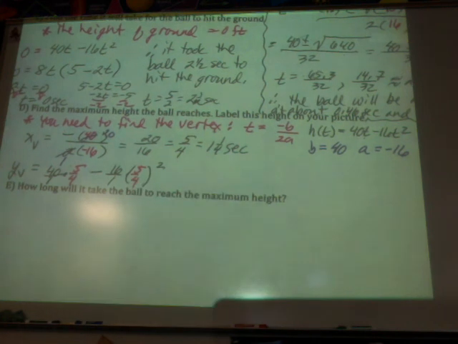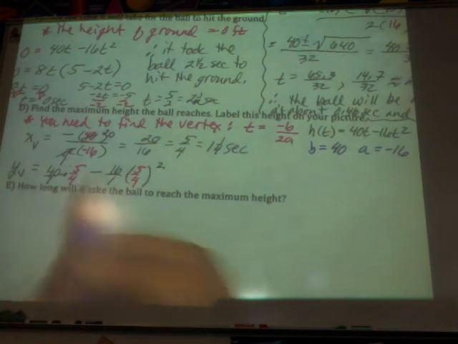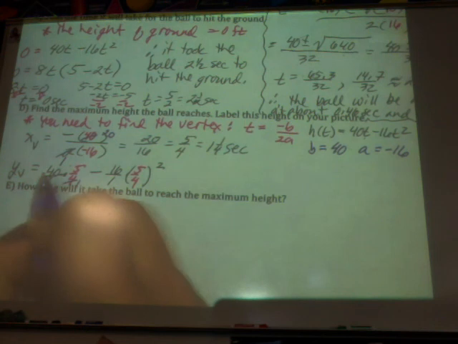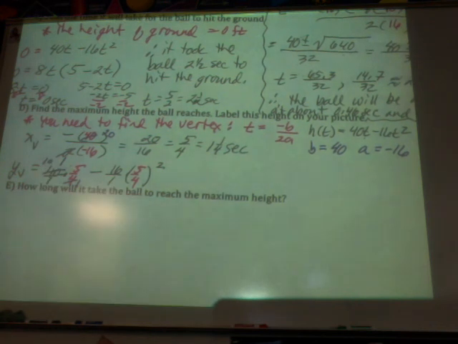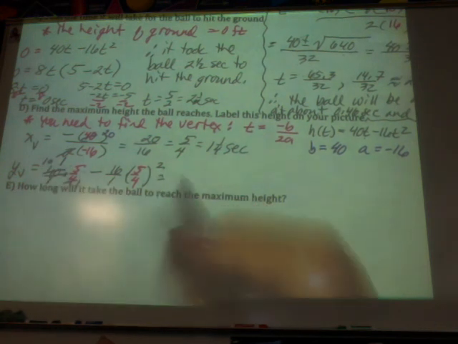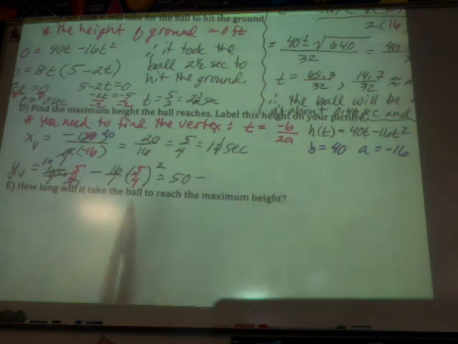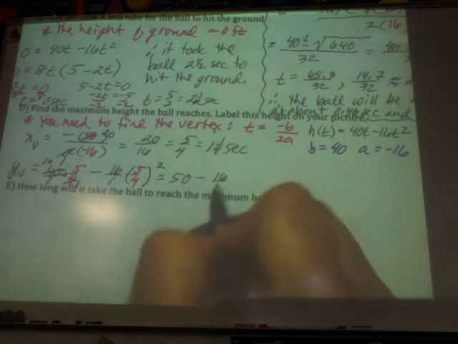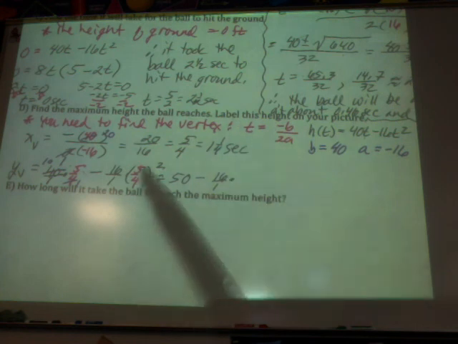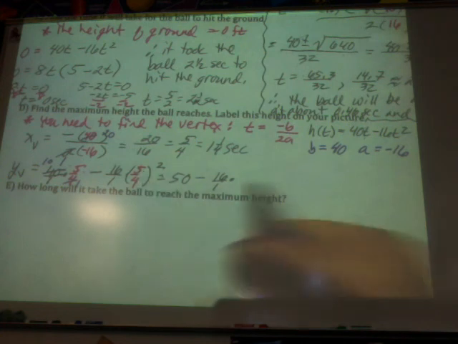Well, here's the nice thing about this particular problem. What does the 4 and the 40 do? They cancel. So 4 cancels into 4 once and into 40 10 times. So I end up with 10 times 5 is 50 minus, I can't multiply the 16 yet, so I've got 16 over 1 times, what's 5/4 squared? 25 over 16, which is nice. Why?